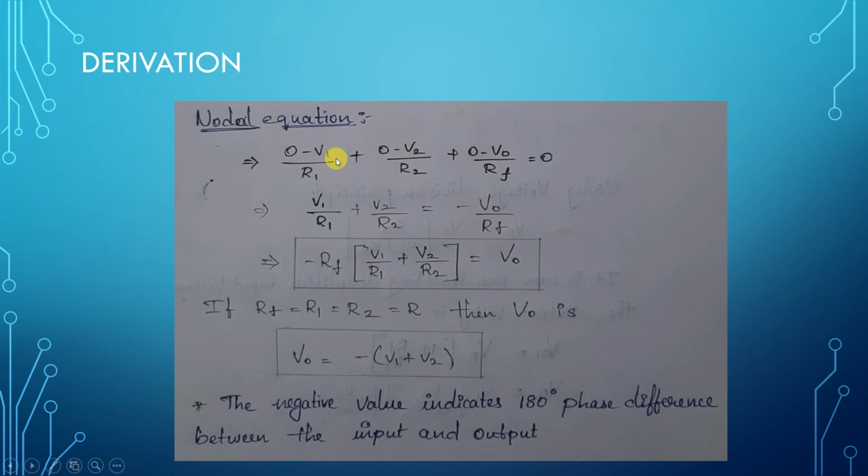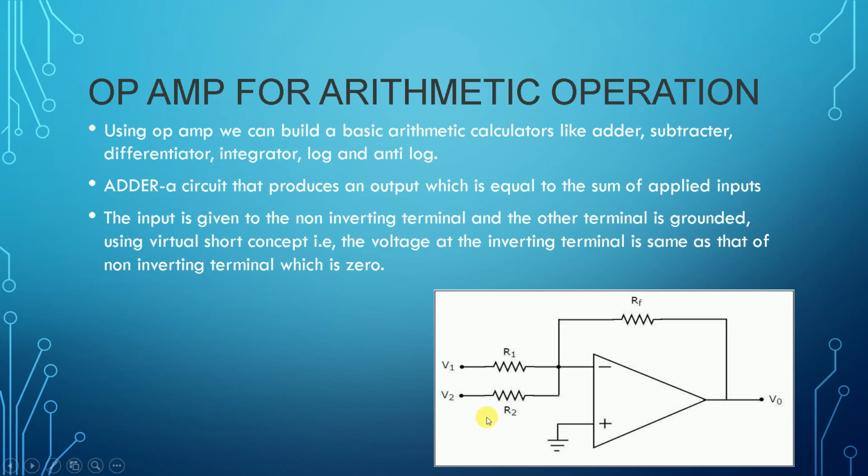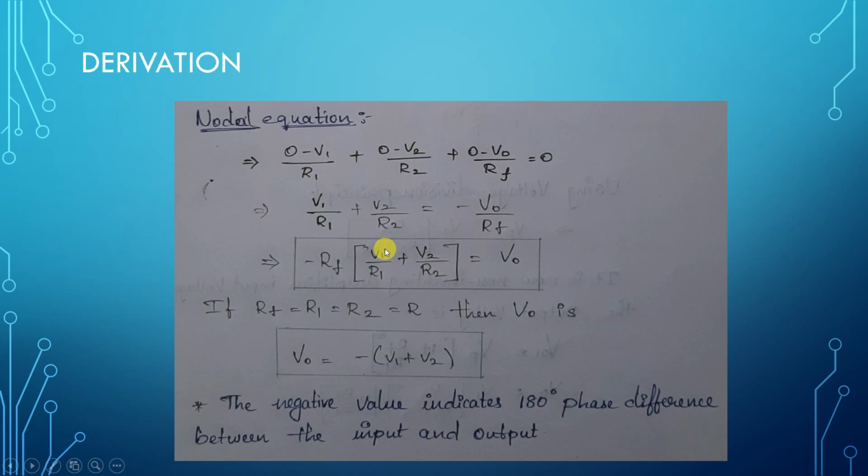Using nodal equation or Kirchhoff's law, the currents through R1 and R2 will sum to the current entering RF. That is, V1 by R1 plus V2 by R2 is equal to minus V0 by RF.